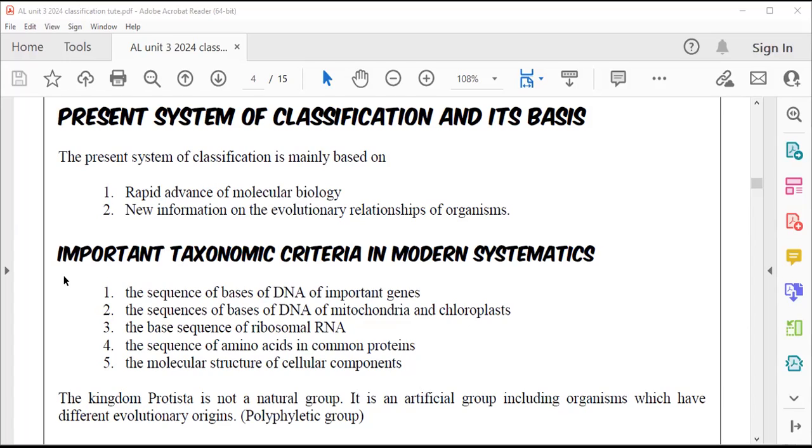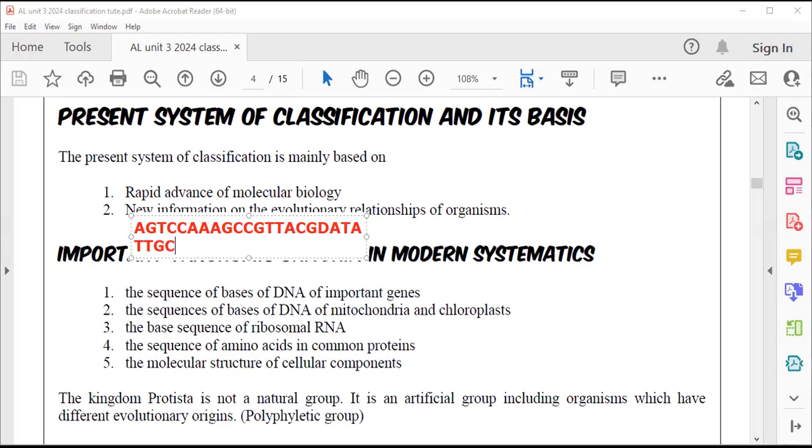These nitrogen bases will be arranged in a particular order, a sequence, something like A, G, T, C, C, A, A, A, G, C, C, G, T, T, A, C, G, C, A, T, A, T, T, C, G, G, G, C, C, A. Like this, there will be a set of nitrogen bases found in the DNA.